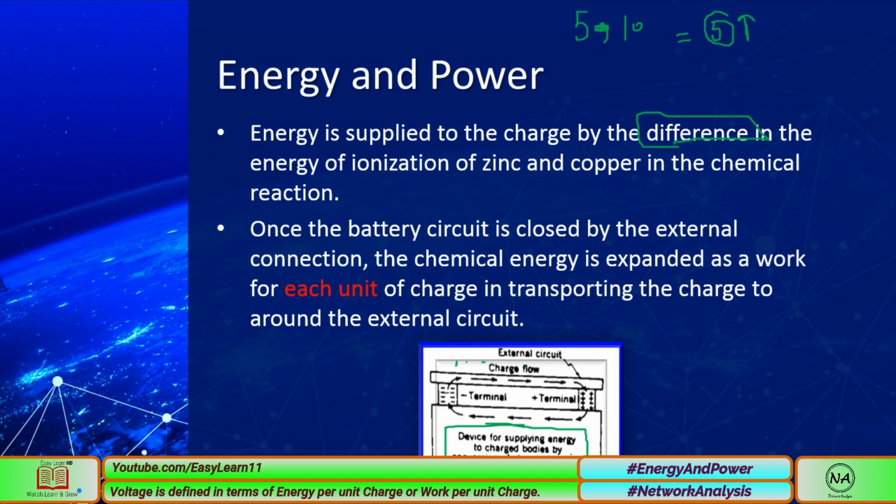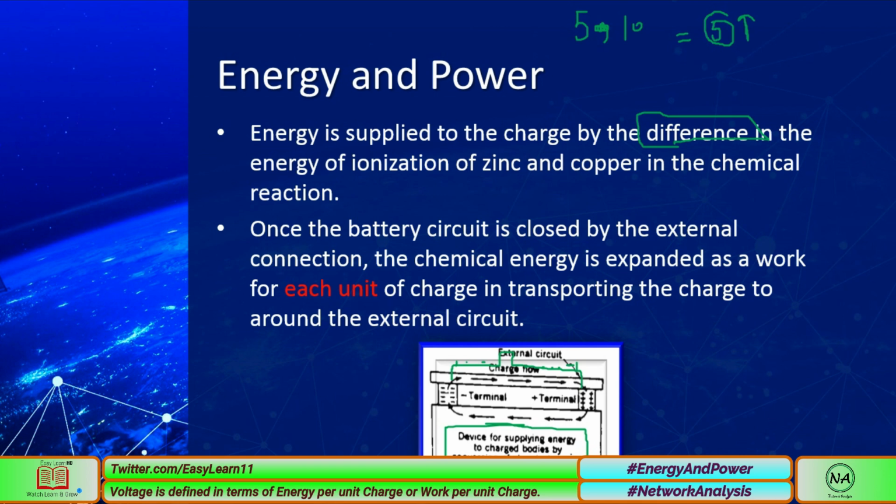Once the battery circuit is closed by external connections, like the bulb I connected in the previous slide, the chemical energy is expended as work for each unit of charge.